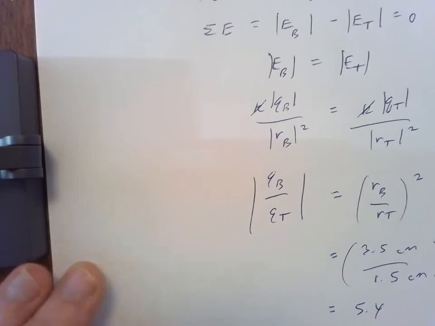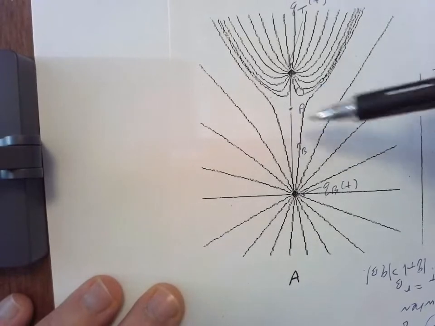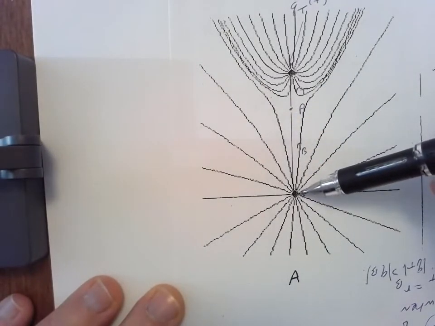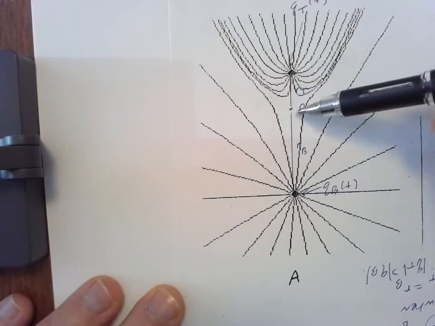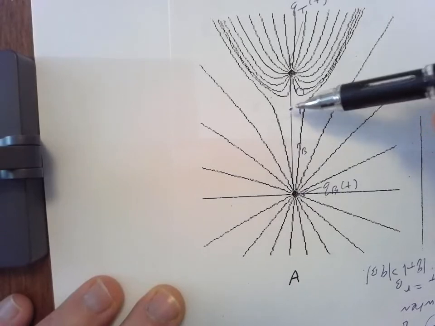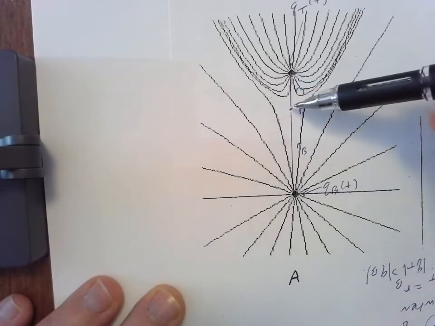So going back to our original picture here, the reason that we can tell that Q bottom is greater magnitude than Q top is because the point where the net field is 0 is farther away from Q bottom and it's closer to Q top.